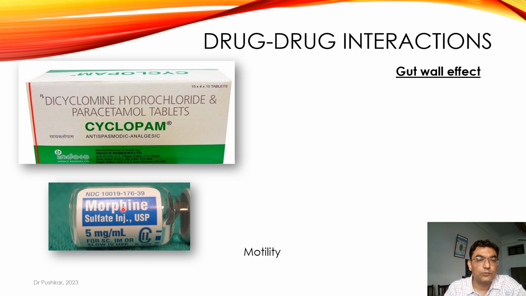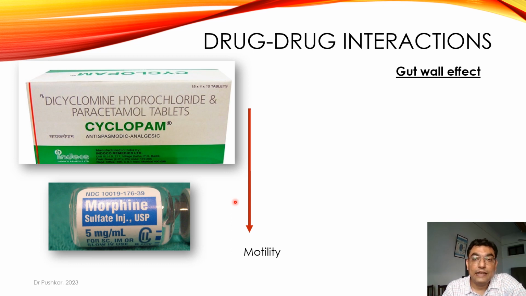Morphine is also there. The anticholinergics as well as morphine, meaning opioids, decrease the motility of the gut. If they decrease the motility, they will have an effect on other drugs given with them. Their absorption will be affected.